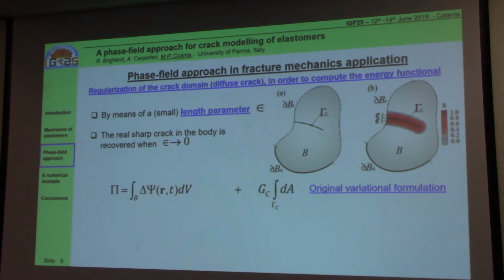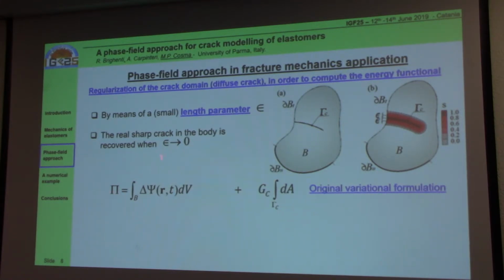In this sense, the phase field approach provides a sort of regularization of the crack, going from a sharp crack, which is reported here, to a smooth crack, depending on a length parameter, which is called epsilon. And the real crack is recovered when this parameter epsilon tends to 0.